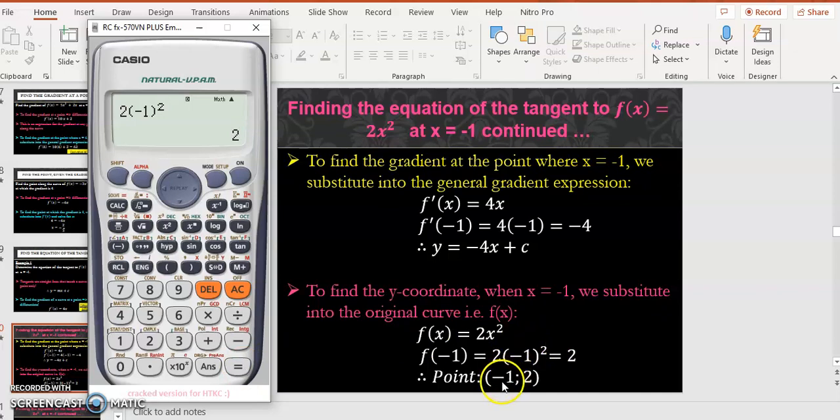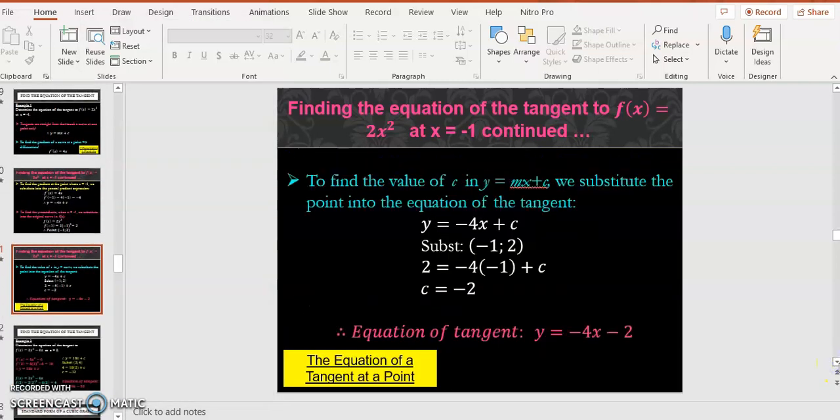Alright, so we know our x is -1, our y is 2. So the point is this one. This is going to help us to find our c. To find the value of c in y equals mx plus c, we substitute the point into the equation of the tangent. So here our y is 2, -4 times x, x is -1, plus c.